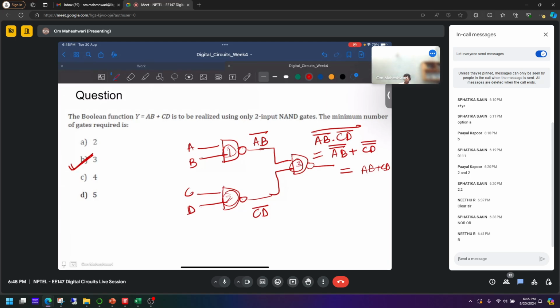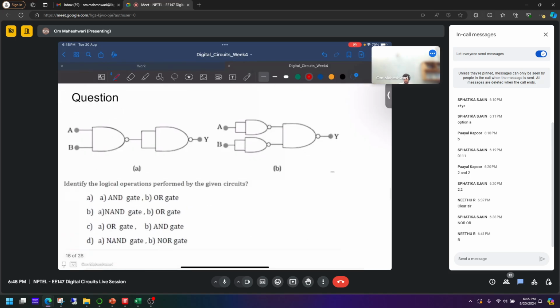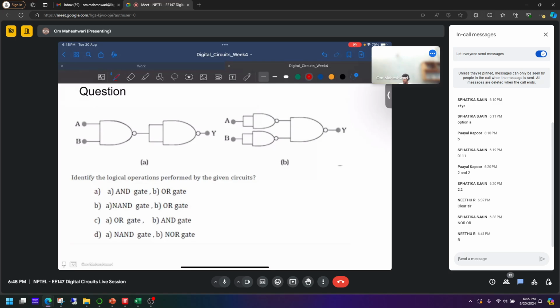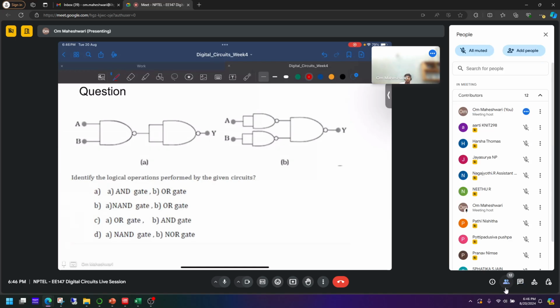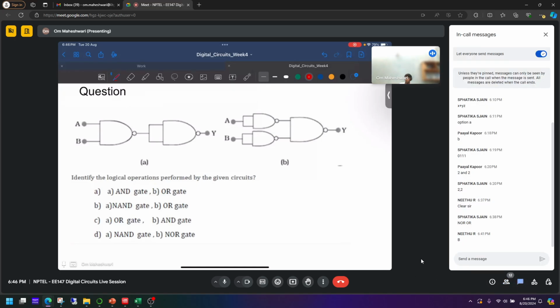Okay. So next question. Identify the logical operation performed by the given circuits. So very simple question. What will be the answer for this?